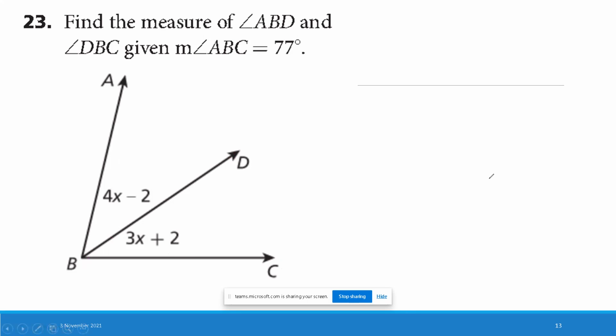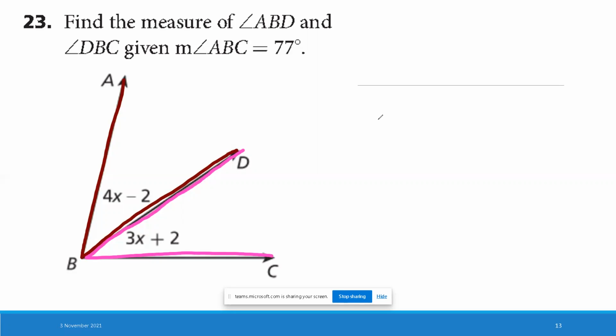So here we have two angles. The first one is ABD. Exercise number 23, did you find it?